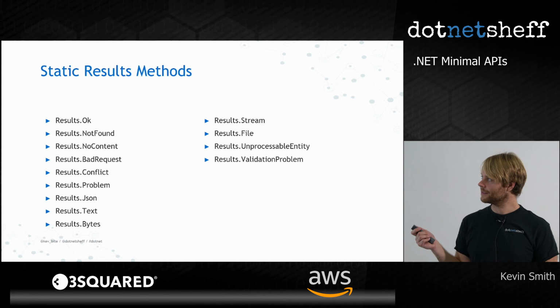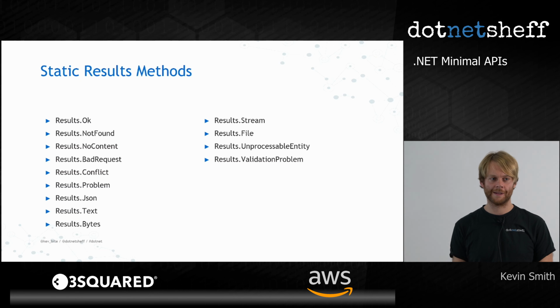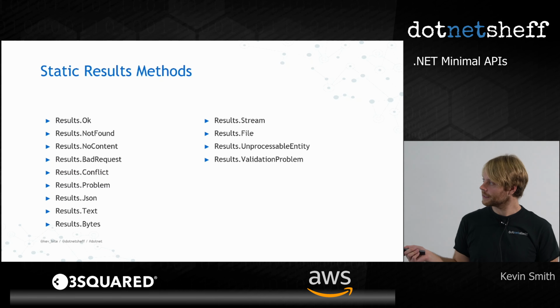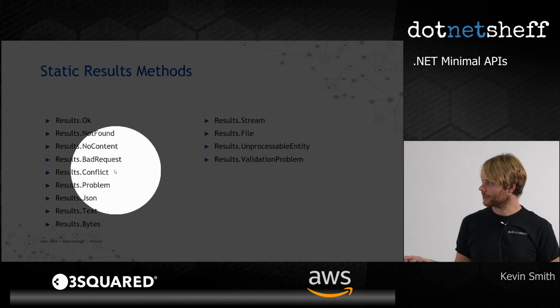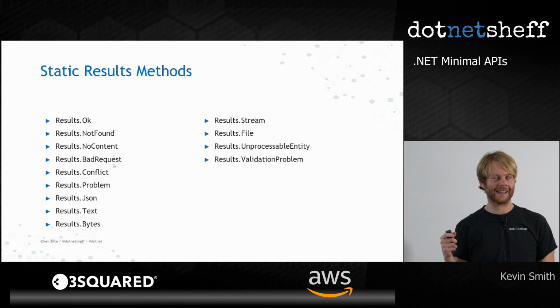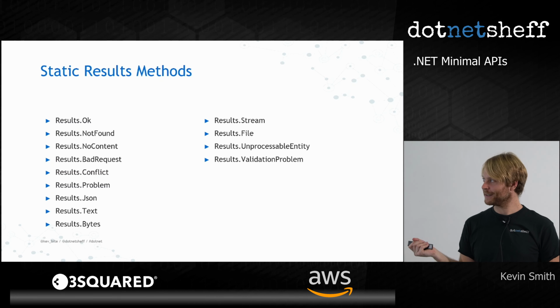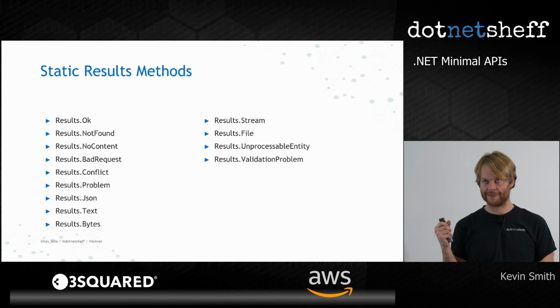And the Results object itself has a load of static factory methods on it. So it has Ok, NotFound, NoContent. These are really similar to all the methods on the base controller. But because we don't have a base class again, we just have a load of static factory methods on the Results object to deal with them.